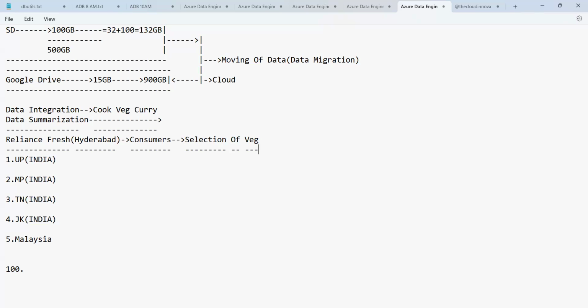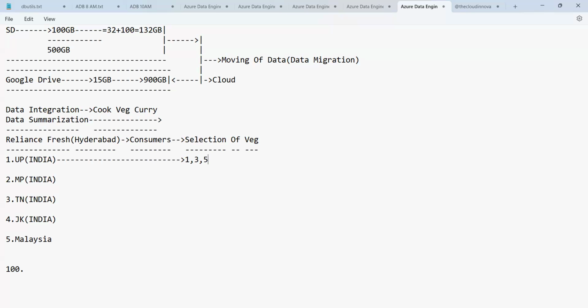From the list of all the vegetables, can you see a list of 100 vegetables? We are choosing only a few vegetables. So let's say we have chosen vegetable number 1, vegetable number 3, and the next one, vegetable number 5.